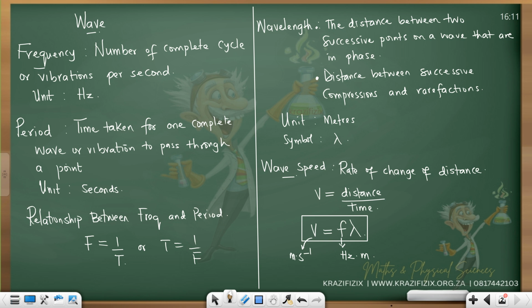Look at what I did here. An examiner can actually ask for the equivalent unit of speed. Can you see that my speed, meters per second, can be measured as hertz meter? This is called equivalent unit.